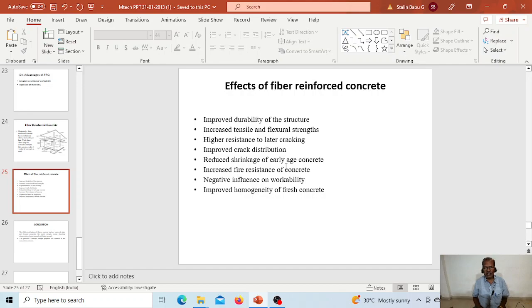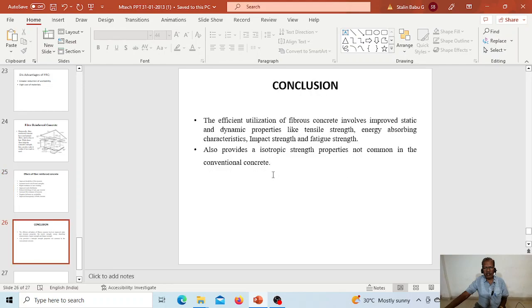That is, cracks are reduced. The next point is reduced sinkage of early age concrete. Another point: increased fire resistance of concrete, negative influence on workability, and improved homogeneity of fresh concrete. These are all the effects of fiber reinforced concrete.